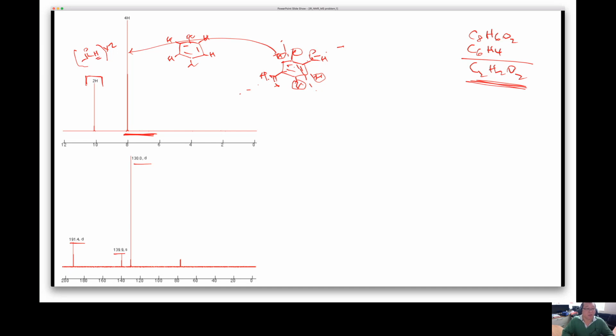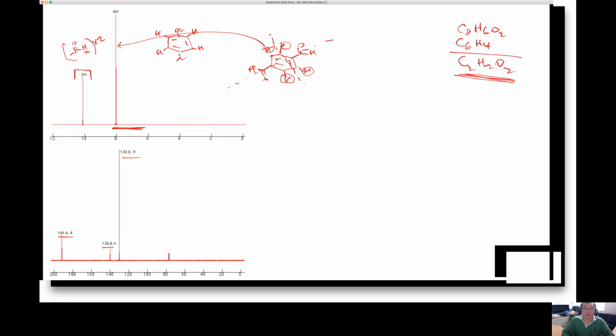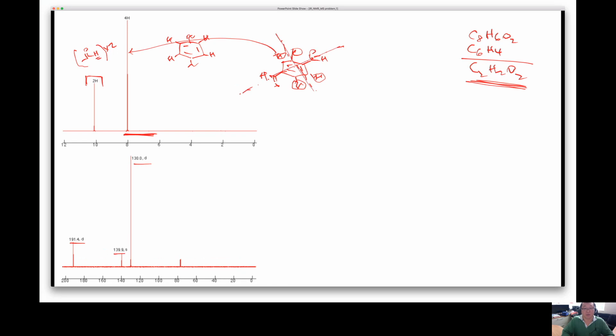If it's not para-substituted, this could have been multiple peaks, not just the one peak. So this is definitely high symmetry. You can see not only one symmetry line but 2 symmetry lines. It comes down to the carbon 13 signal having only 3 peaks, not 8 peaks. Okay, so this is the answer for this one.